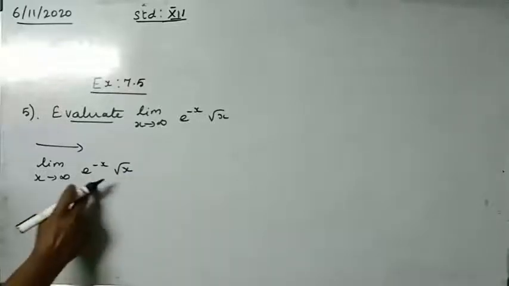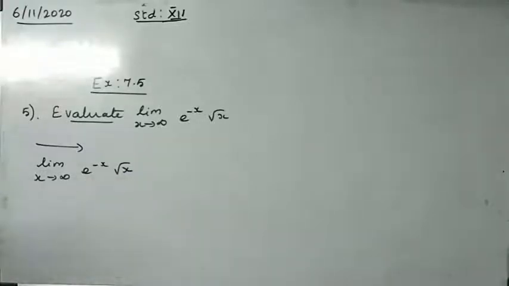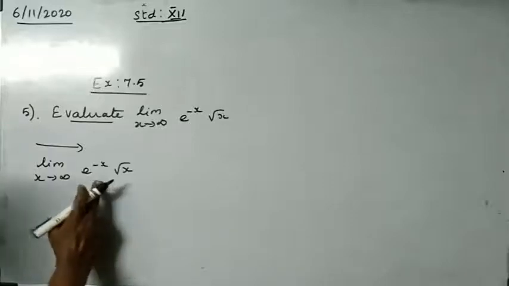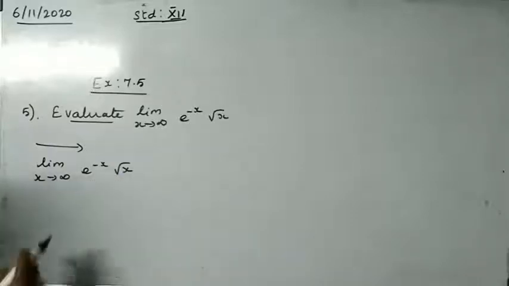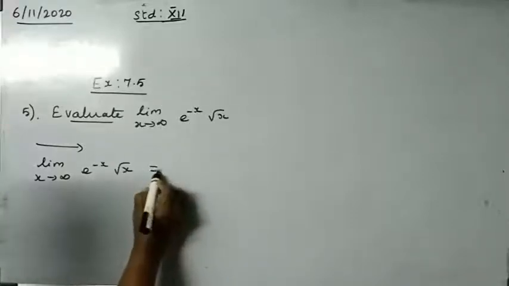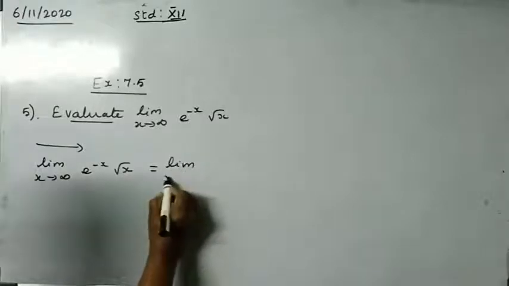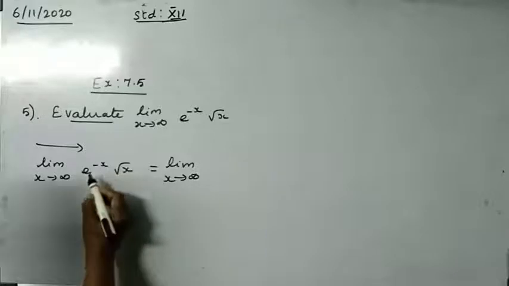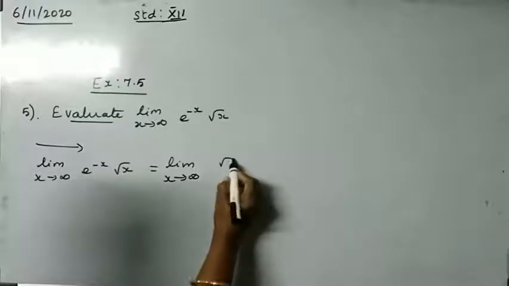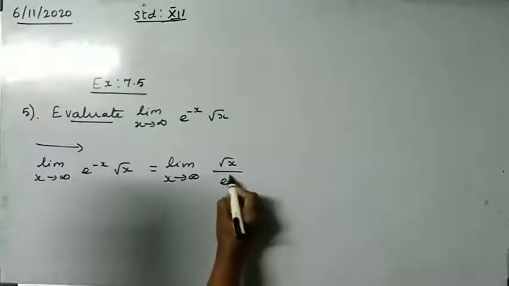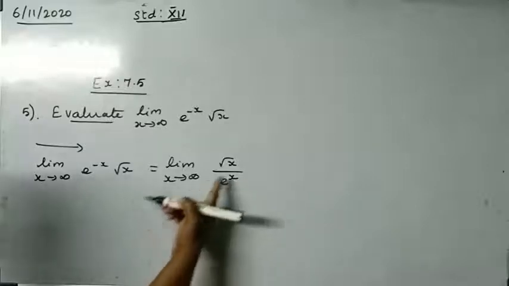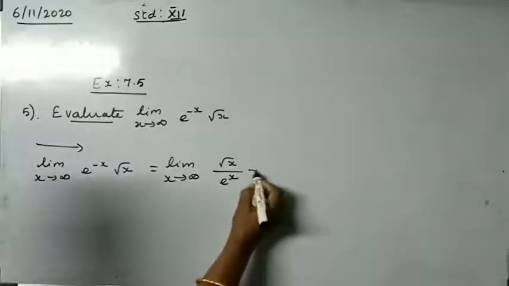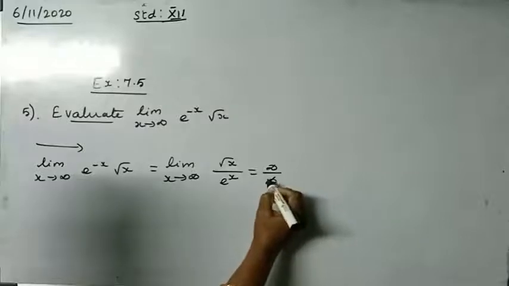So if I substitute infinity here, it is equal to 0 into infinity form. So let me write this question as limit x tends to infinity, e power minus x can be written as 1 by e power x. So root x by e power x. Now if I substitute infinity here, it is infinity by infinity form.